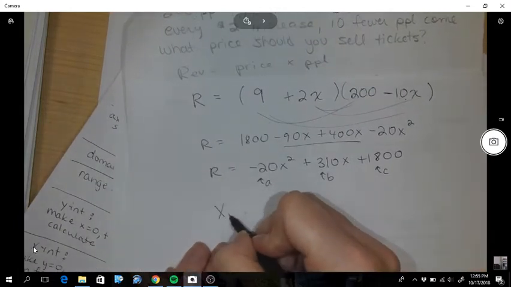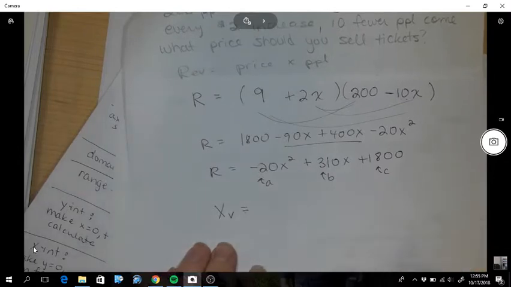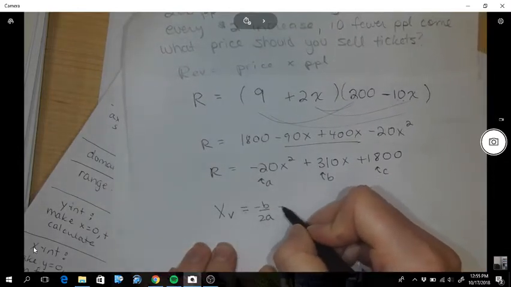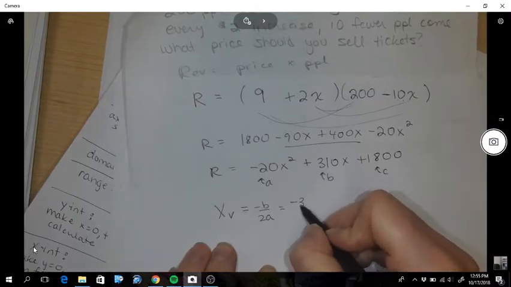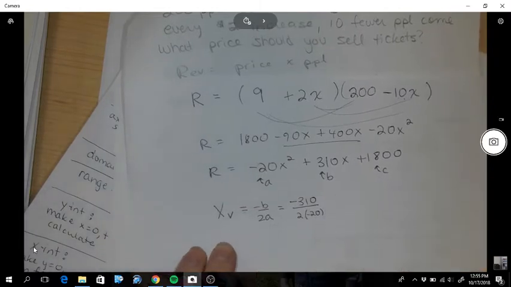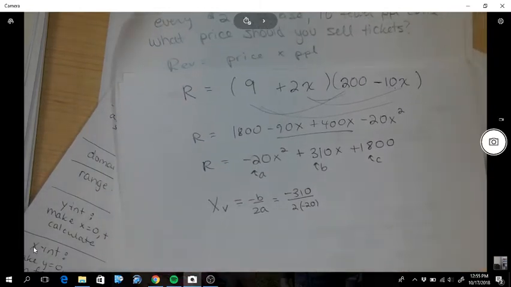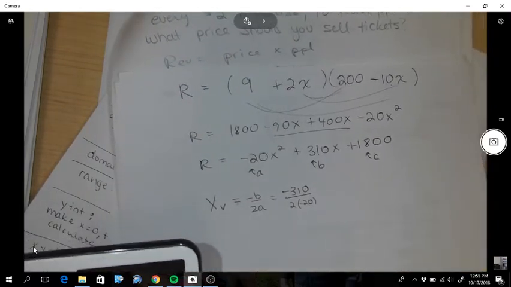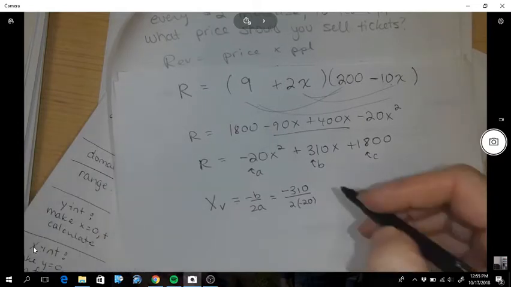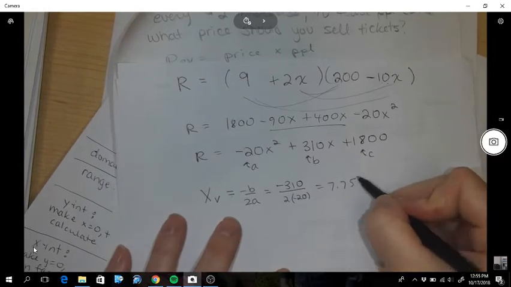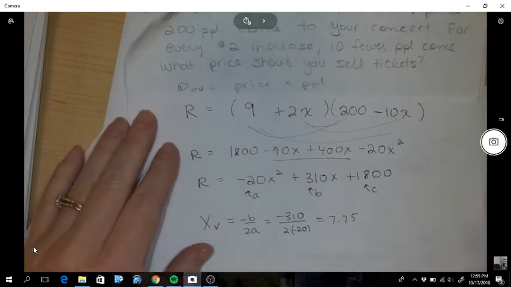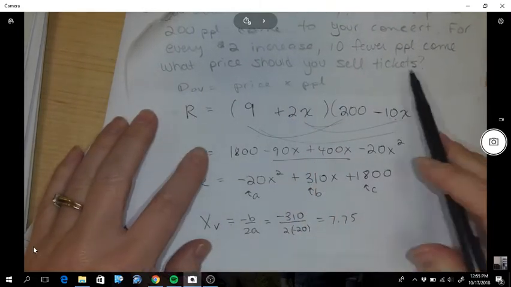For the vertex, I'm going to try to find the x value, negative b over 2a, so negative 300 over 2 times negative 20. Negative and negative make a positive, and that's 7.75. So what is my question? What price should I sell the tickets?